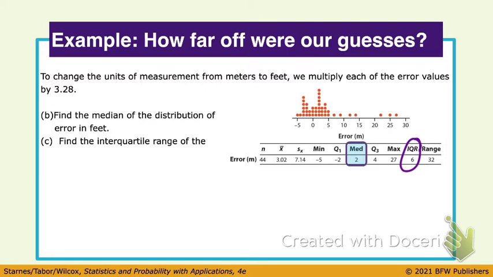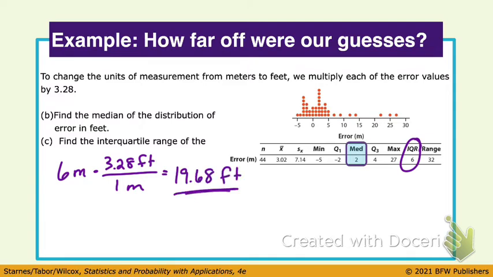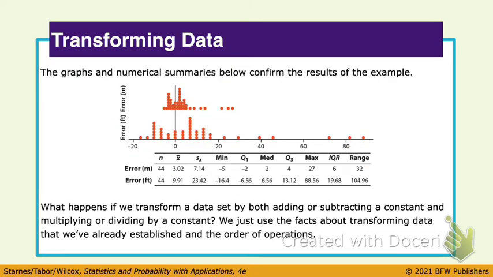So for our new IQR, I'm just going to take that 6 meters, which was the original IQR, and multiply by 3.28 feet in 1 meter, and I'm going to get 19.68 feet. So that's my new IQR. To summarize, the graphs and the numerical summaries below confirm our results.